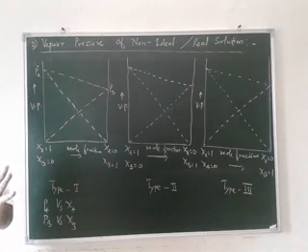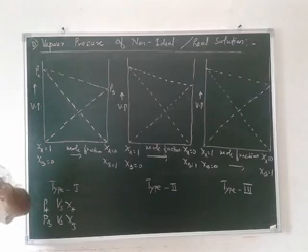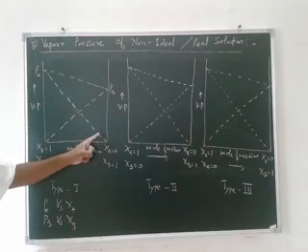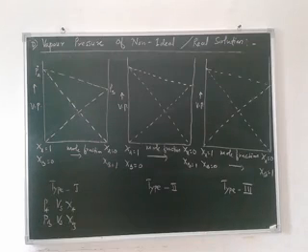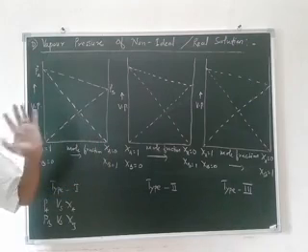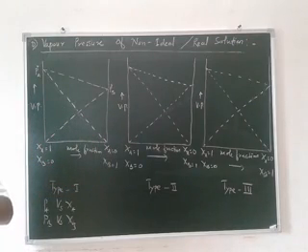If a real solution deviates from the ideal behavior, the nature of the graph is a curve, and if this curve lies above the ideal line, then this deviation is called positive deviation. And if the curve lies below the ideal line, then this type of solution shows negative deviation.